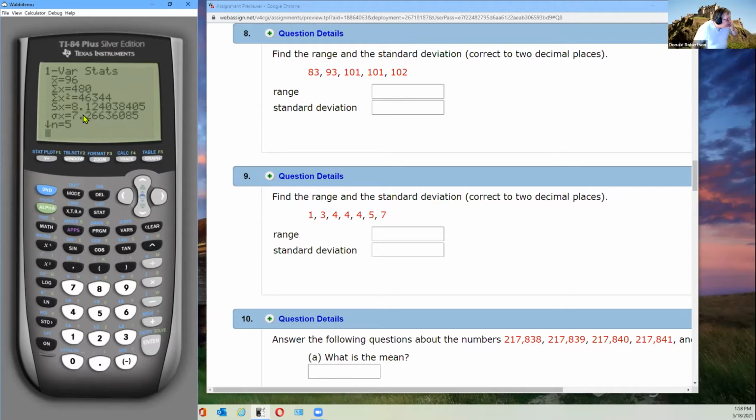Now, as you see here, there are 2 different standard deviations. The one that we typically use, and the only one I would be expecting you to use, is the 8.121. So I would be typing in 8.12 with that data set. Now, if you look below it, do you see there's a funny looking one with an X on it?